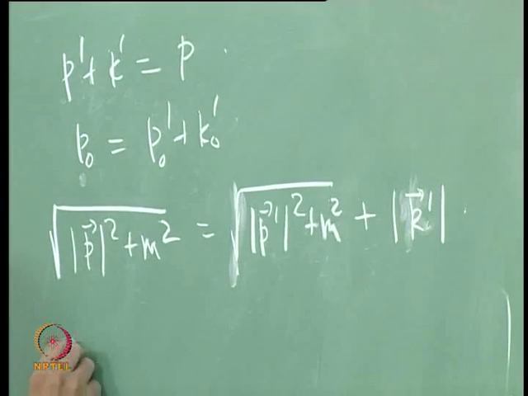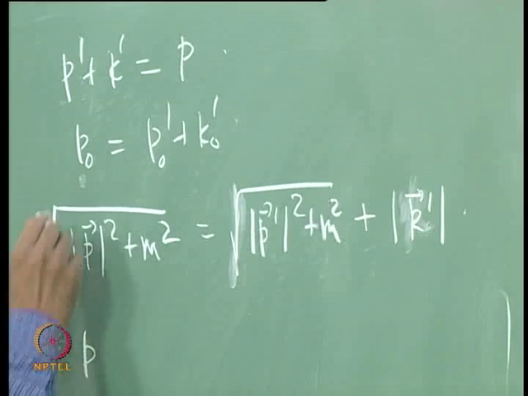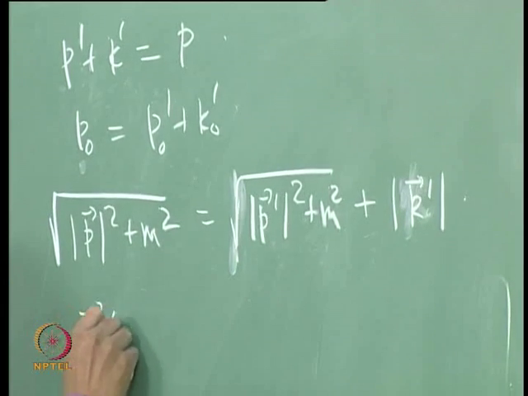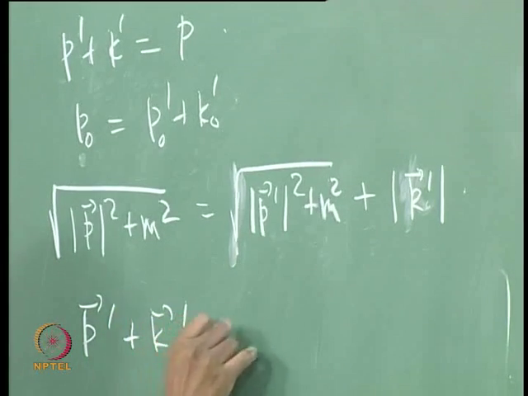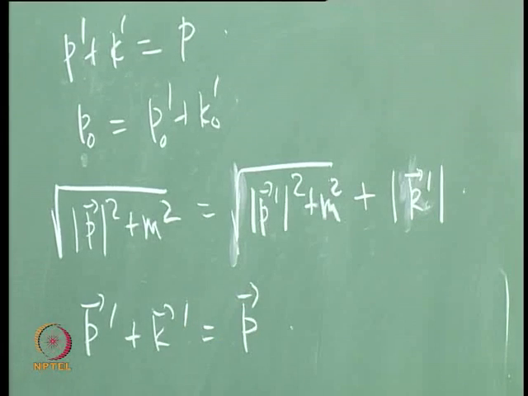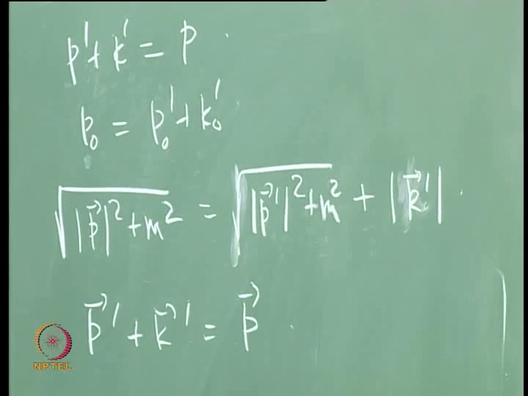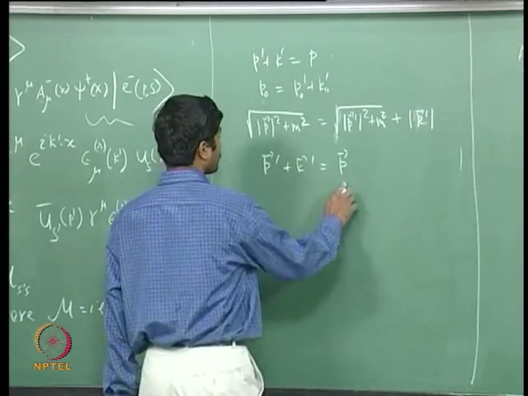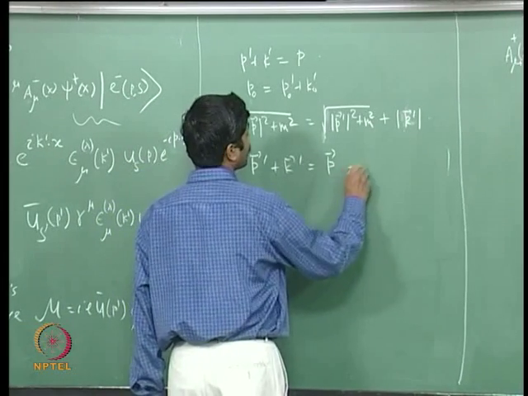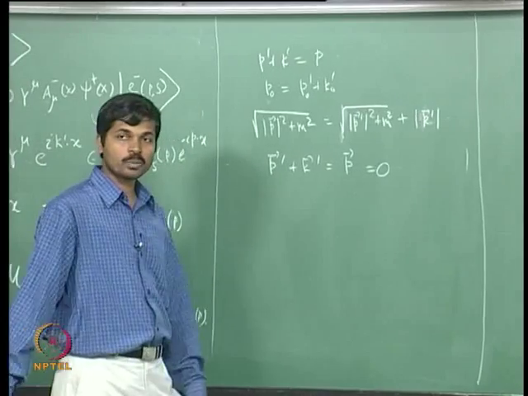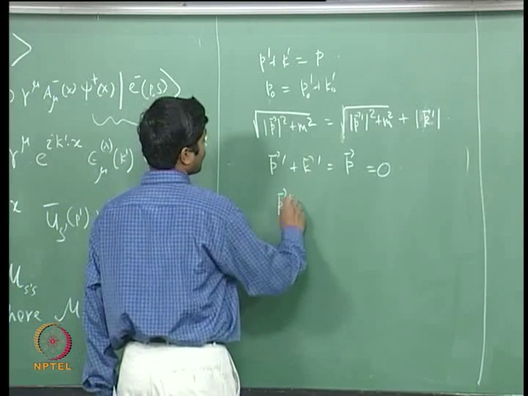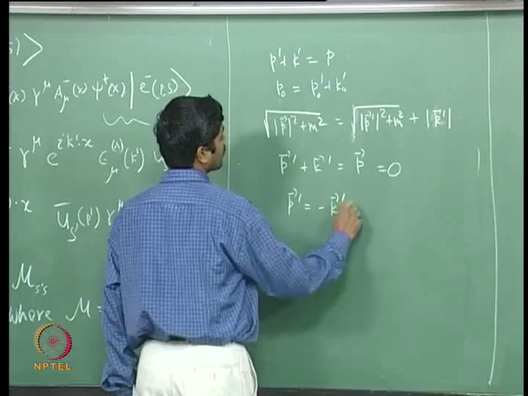What about the spatial components of the momentum? p prime plus k prime is equal to p. Now, since the incoming electron is a massive particle, you can go to the rest frame of the incoming electron, and then you can do this calculation here. So, in the rest frame of the incoming electron, p is equal to 0. Therefore, in the rest frame, p prime is equal to minus k prime.